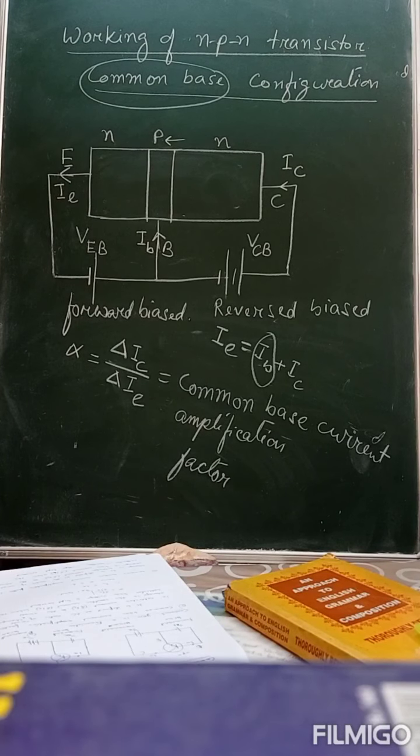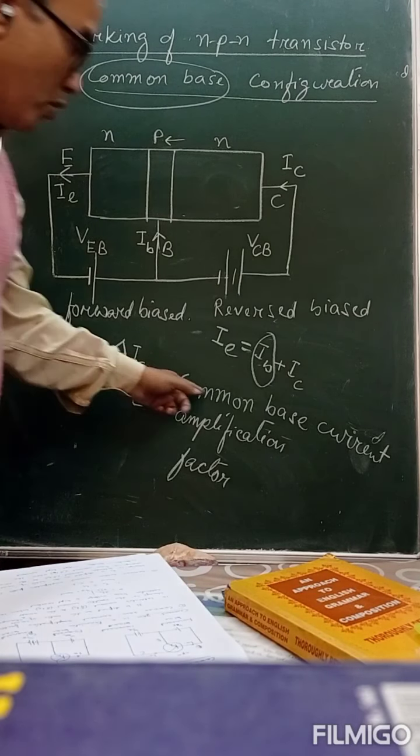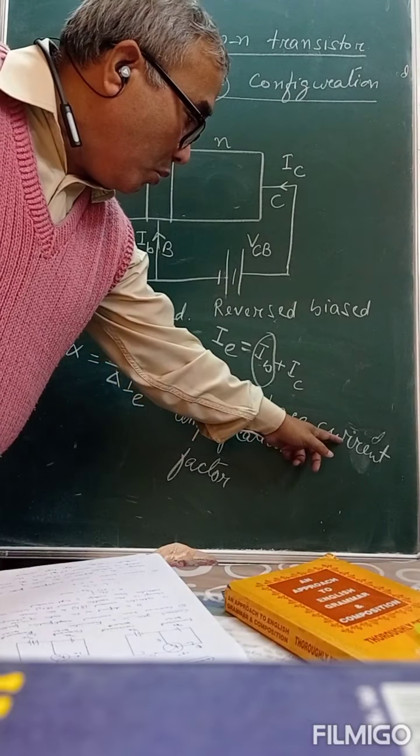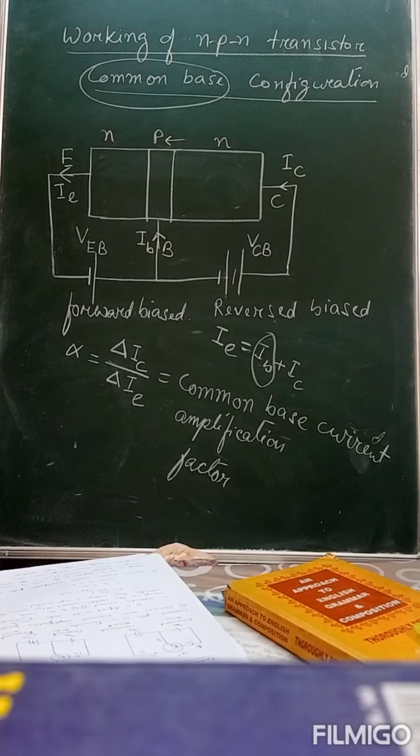The current gain of the common base circuit is called the common base current amplification factor.